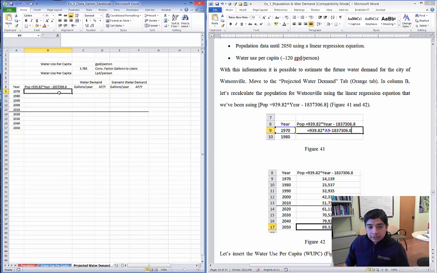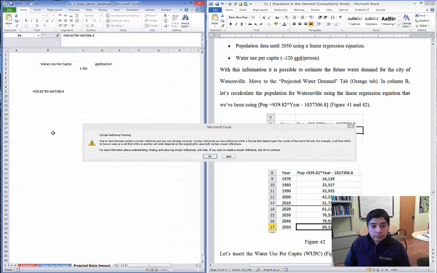So let's estimate the population with the linear regression equation that we have used before. So here, instead of the year, I'm going to select this. Okay.